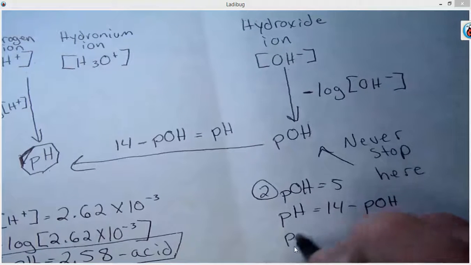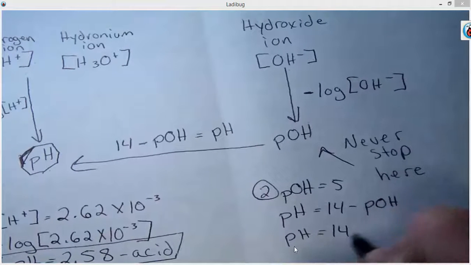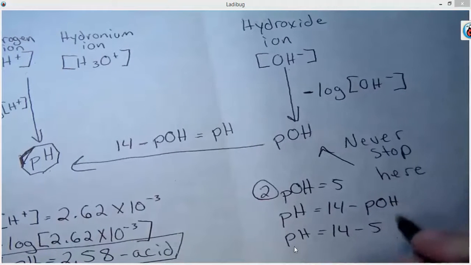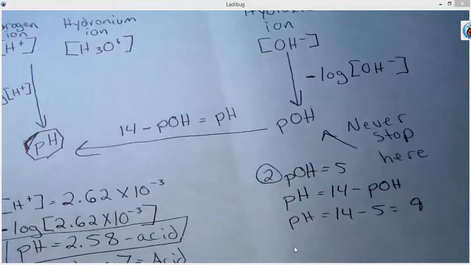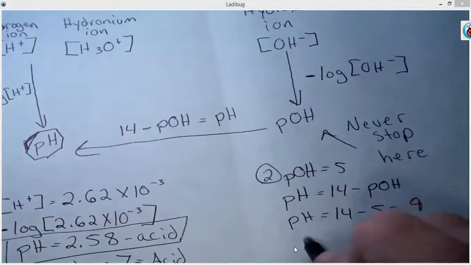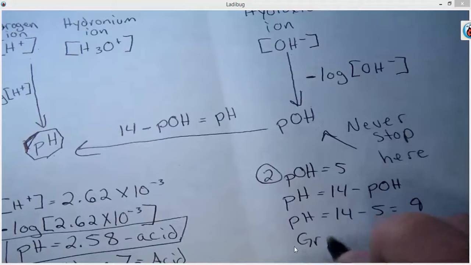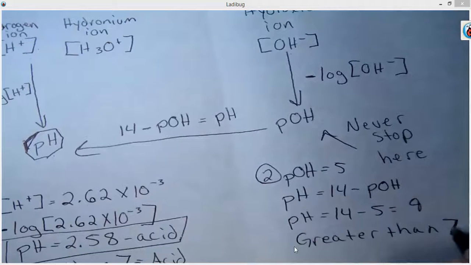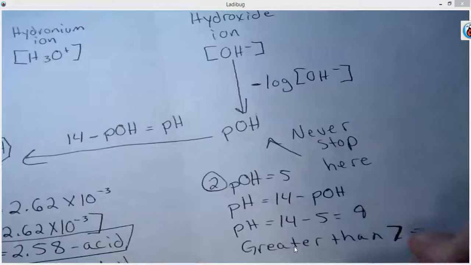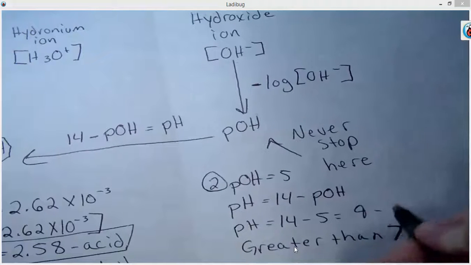So our pH would be 14 minus 5, and that would give us 9. So remember, greater than 7 is a base. So this is a base.